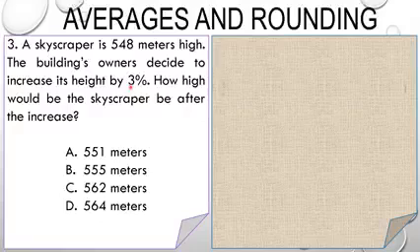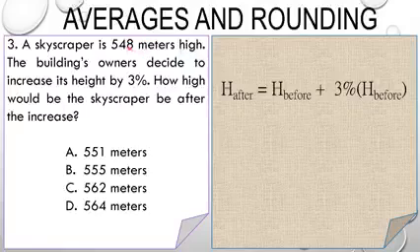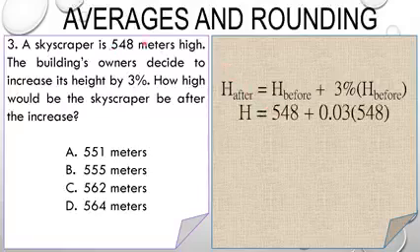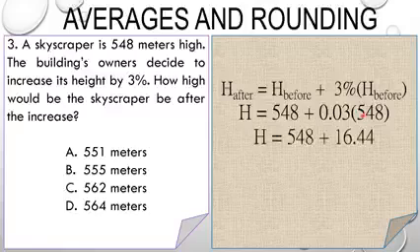Okay? So, to solve for that, katulad kanina ng question number 2, we need to add the before height, which is 548, by the 3% of that height. Or that is simply 548. Ito yung unang taas. Magdadagdag tayo ng 3% or 0.03 ng taas ng nauna, which is 548. Okay? Then simplify.